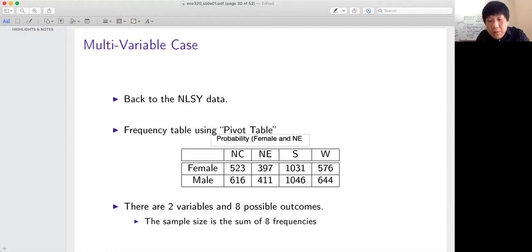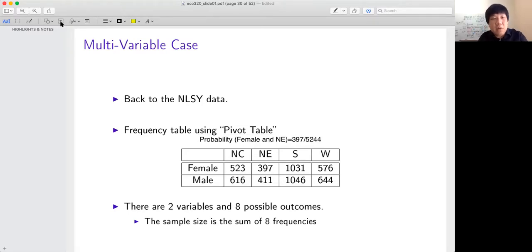How many people do we have living in Northeast? 397, over how many observations do we have? 5,244 or something, right? So this is how you get the joint probability. And this is how you get the joint probability of female living in South and female living in West. If you summate those, then you can get the probability of female.